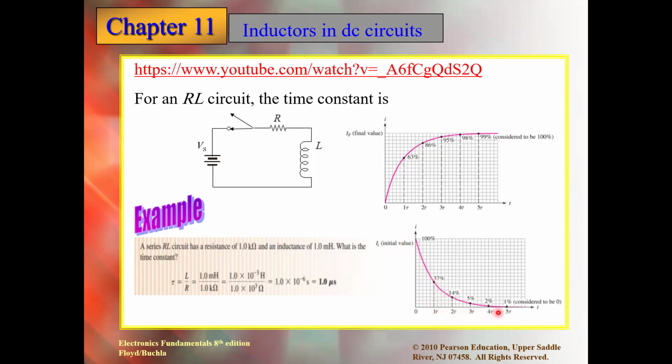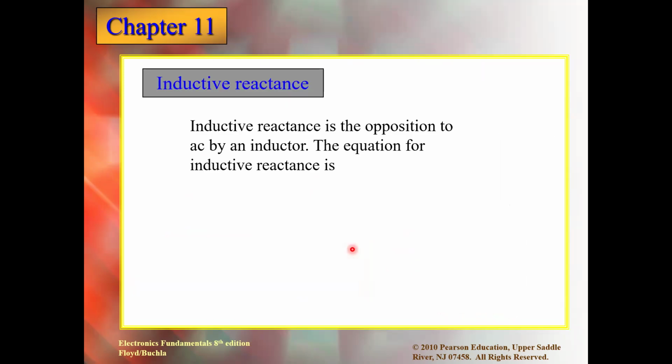By 5 time constants, it completely discharges. All right. So this is the formula for the time constant for the RL circuit, which is L over R. This is the difference. For RC, we have R into C.